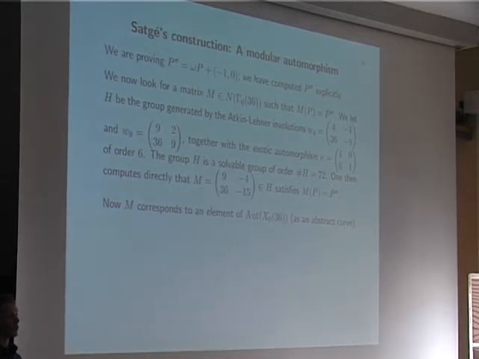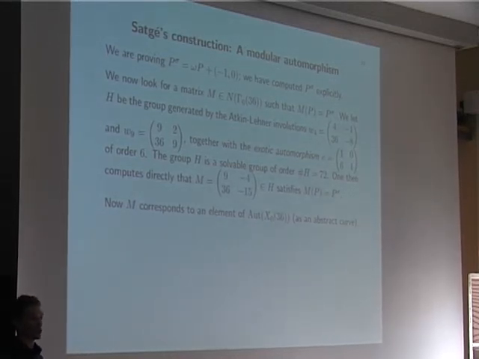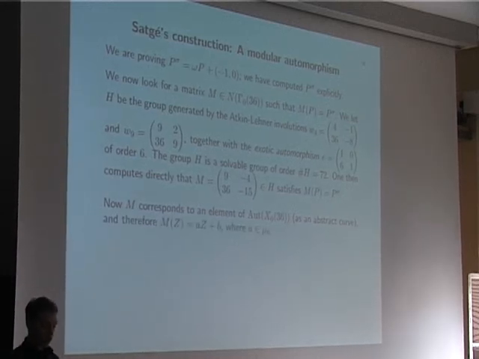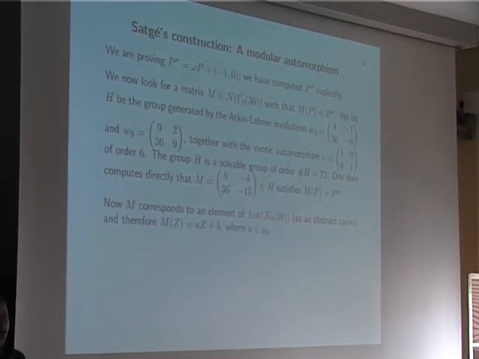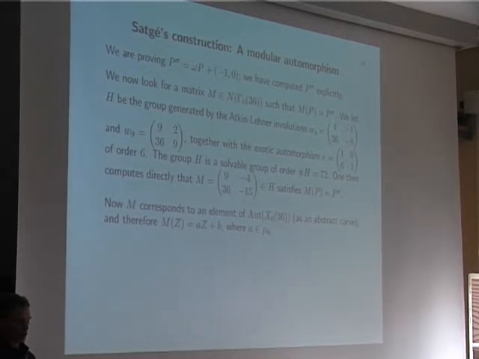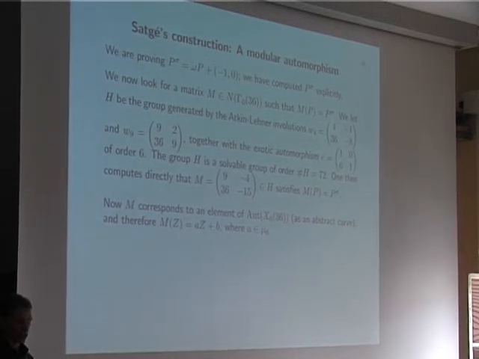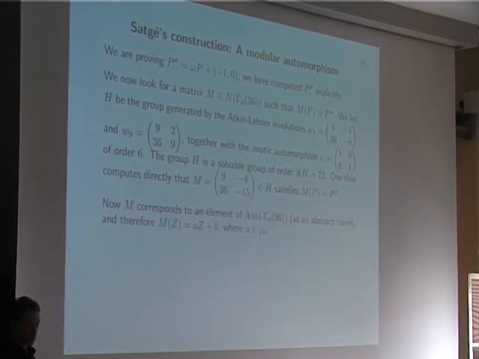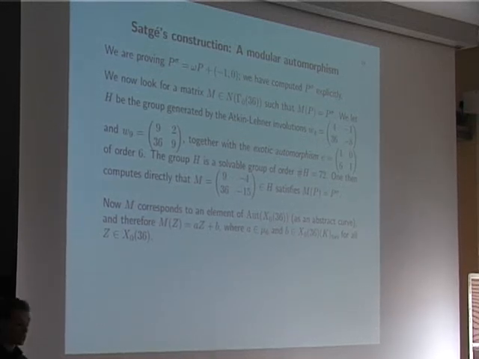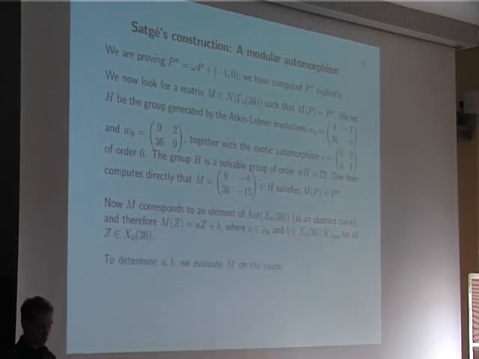When you consider automorphisms of elliptic curves, they have to fix the origin. But here I'm just considering it as an abstract curve. And as an abstract curve, it's still genus 1. So we know that any such automorphism is given by multiplication by μ_6 plus the addition of some torsion point. And this will hold for all points z in X_0(36).